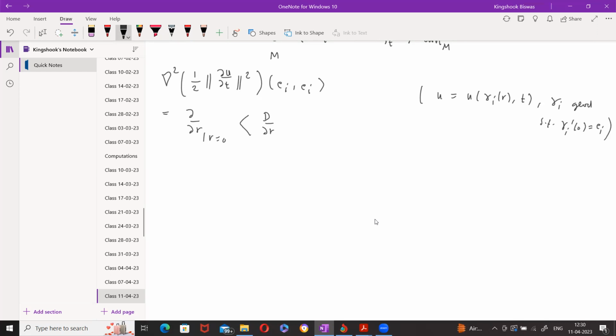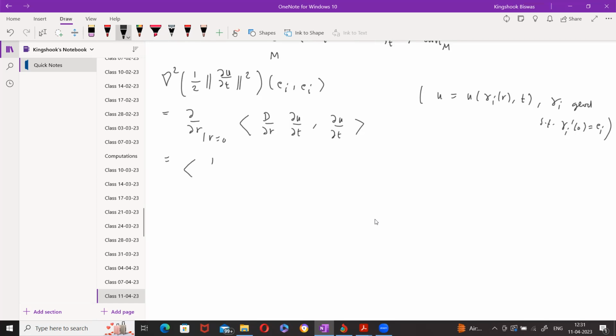This is essentially the same computation we did earlier. So this is ∂/∂r of the inner product of ∂u/∂t with ∂u/∂t. This is going to give me two terms.